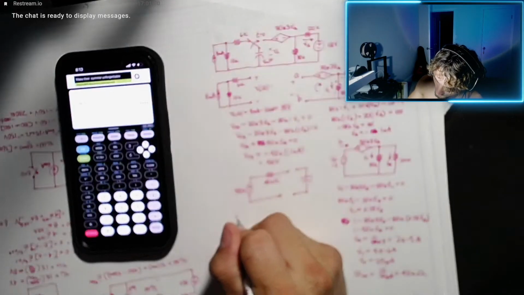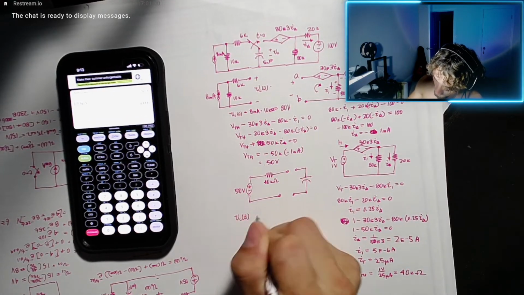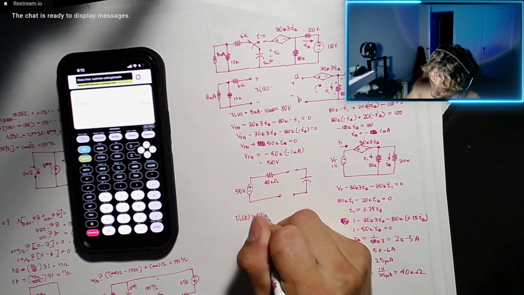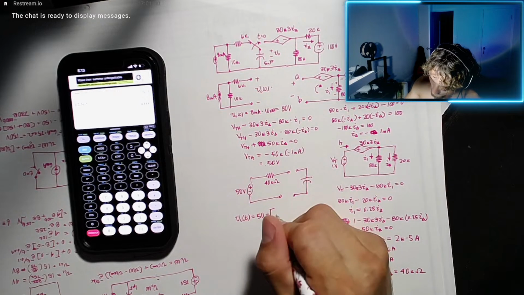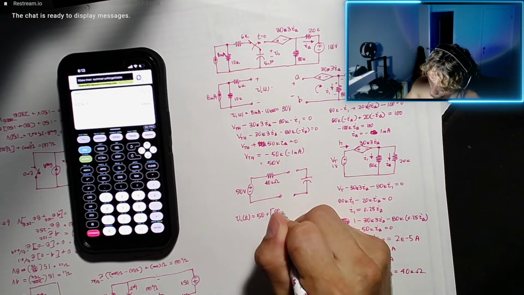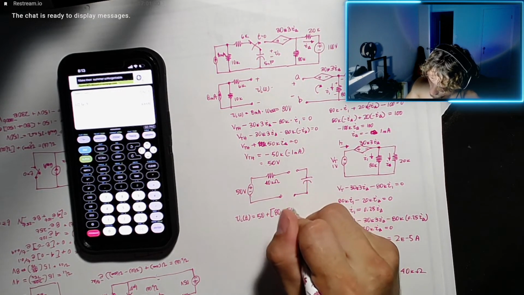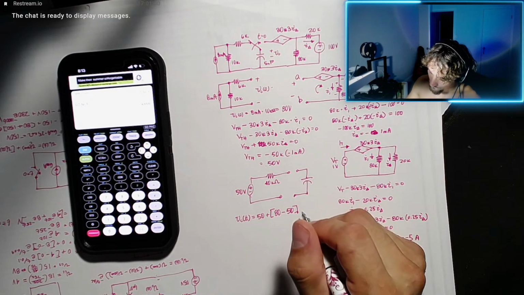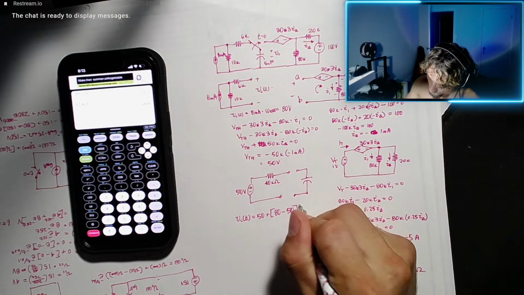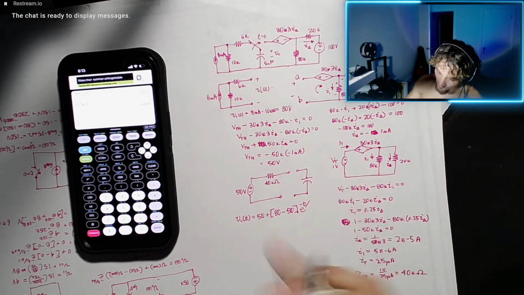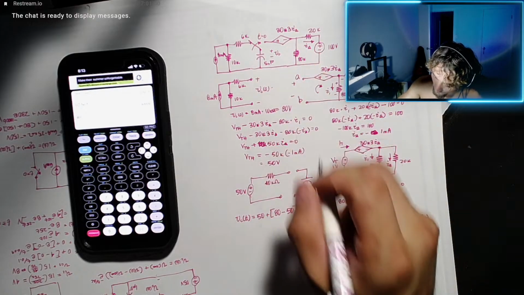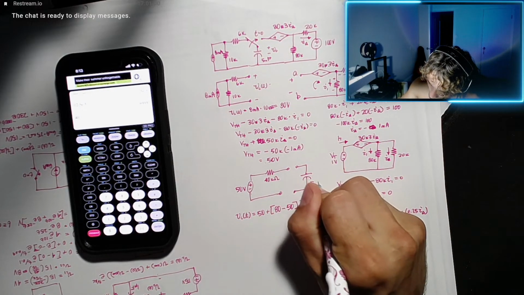So our equation becomes RC, 40k times, what is my capacitor value again? 5 nanofarads.